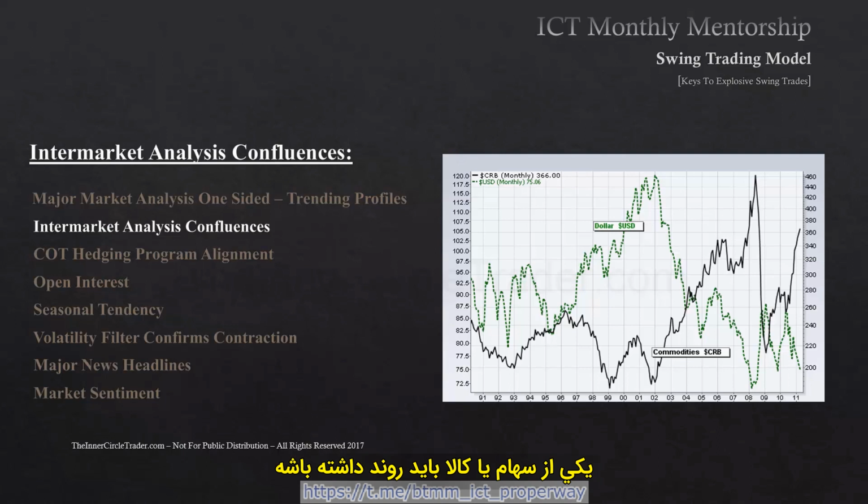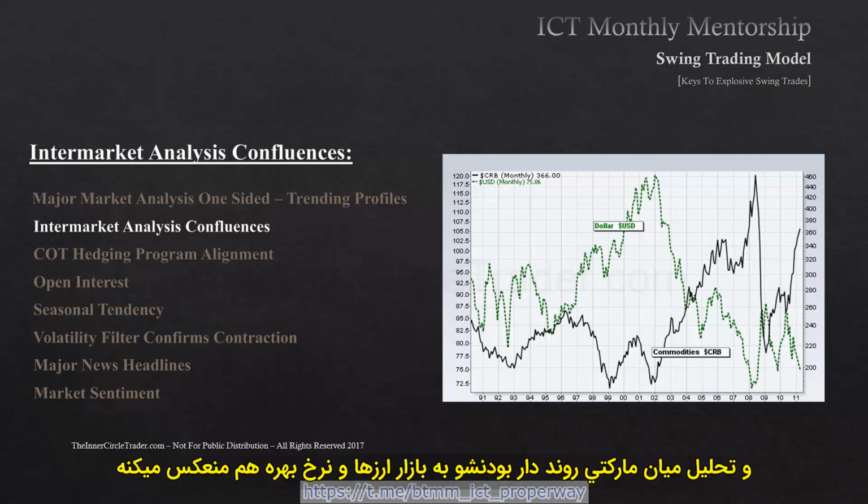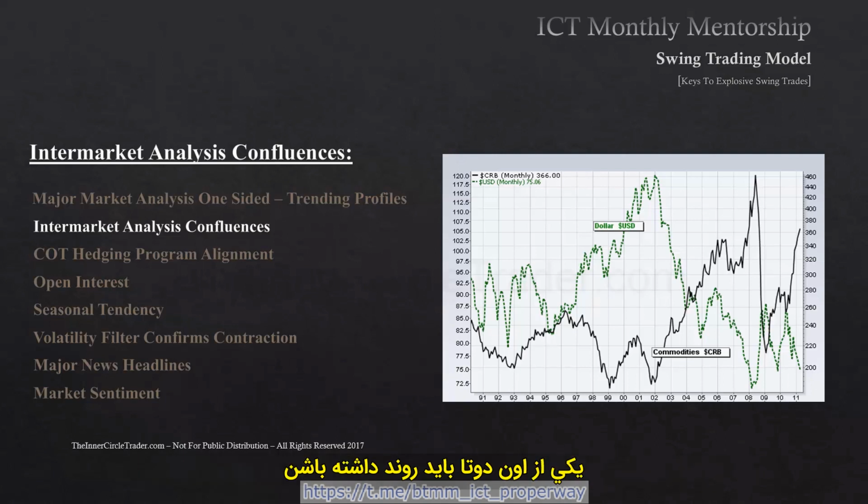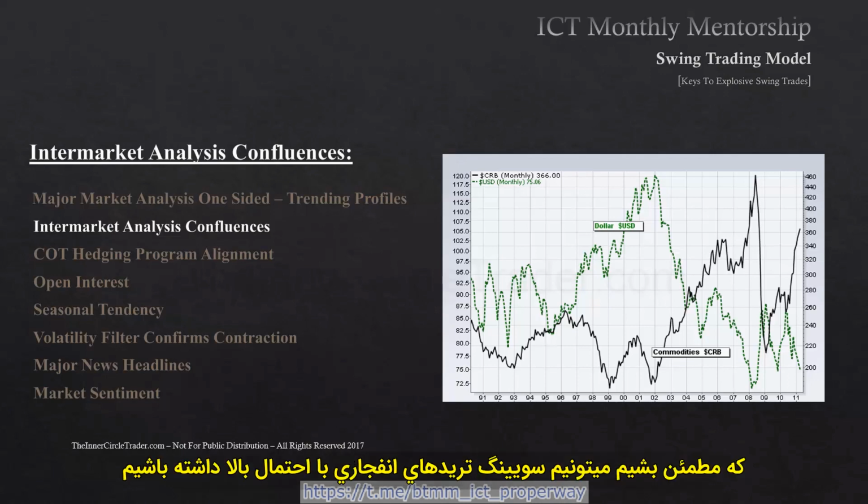Either stocks or commodities have to be in trending environments, and intermarket analysis suggests that we see the reflection of trending environments in currencies and interest rates as well. One of those two has to be in a trending environment. So between the two major groups, we have to have at least two in a trending environment to support the idea that there's going to be an explosive, high probability swing trade.